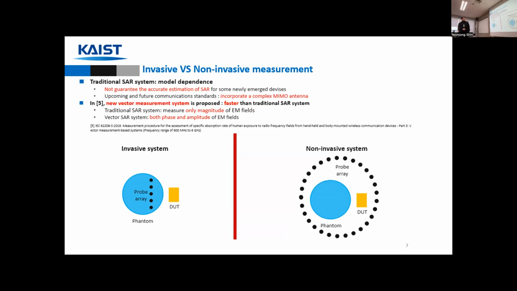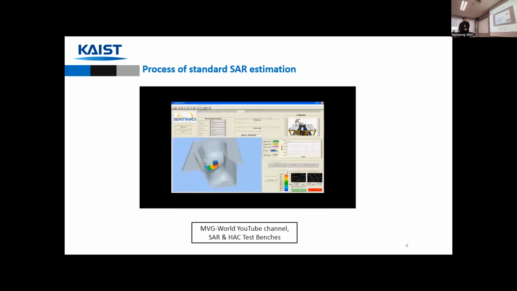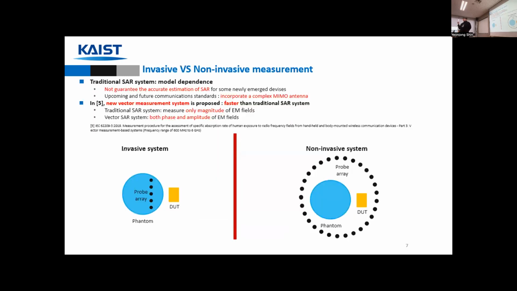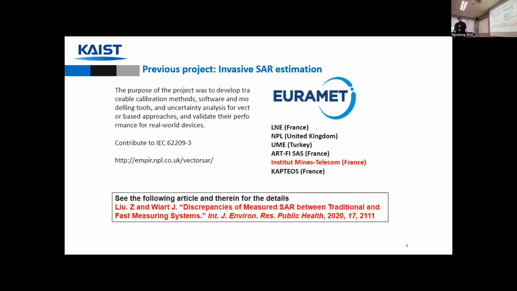So another approach is the non-invasive system versus the invasive system. In this traditional approach, we use only a single probe antenna, because it is very hard to cancel the coupling effect between the probes. So there is a non-invasive approach, and this is my object.